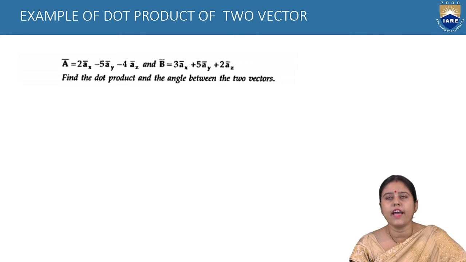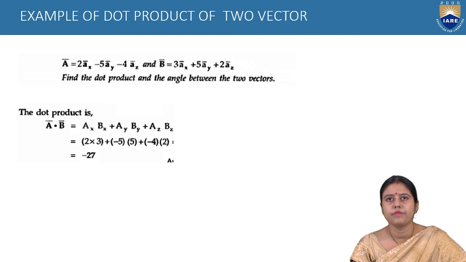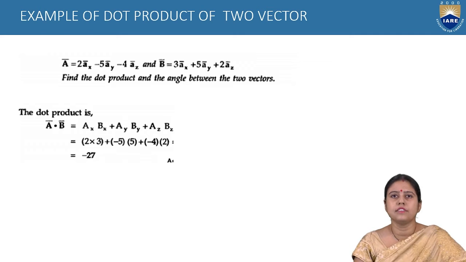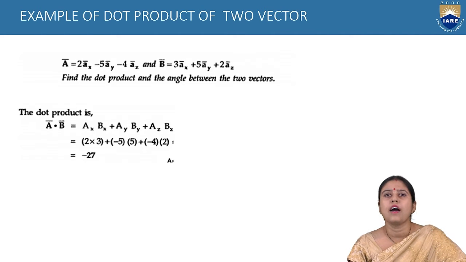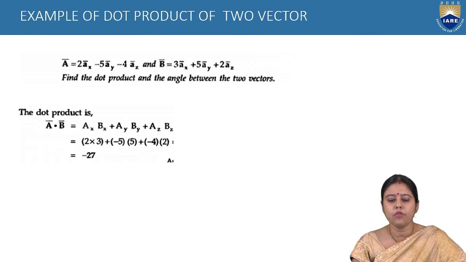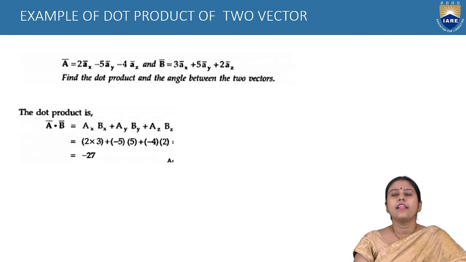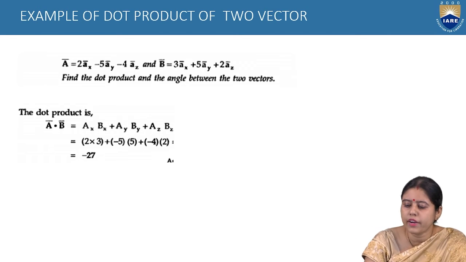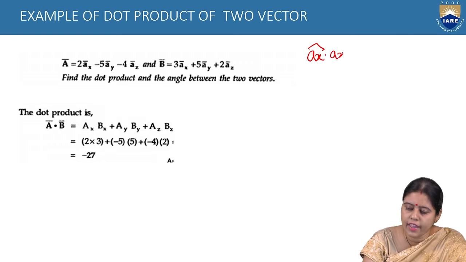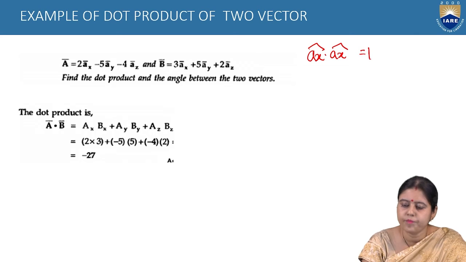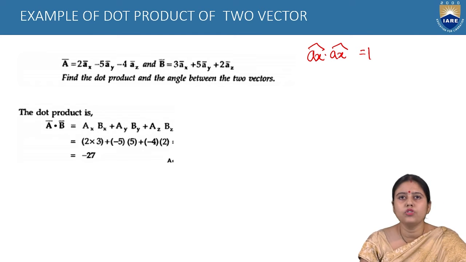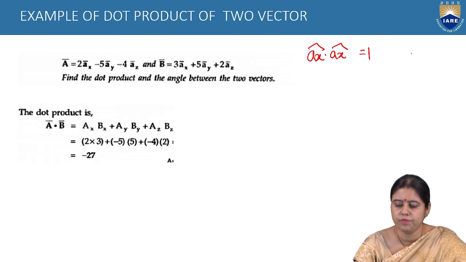So we will do one problem. Find the dot product and the angle between them. Already in my last session, I have discussed how to solve the problems. Again, we are giving one example. In the case of dot product, for a quick revision, ax dot ax is equal to 1. Why? Because the magnitudes of both are 1 and both are parallel, so the angle is 0, 1, 1 cos 0.